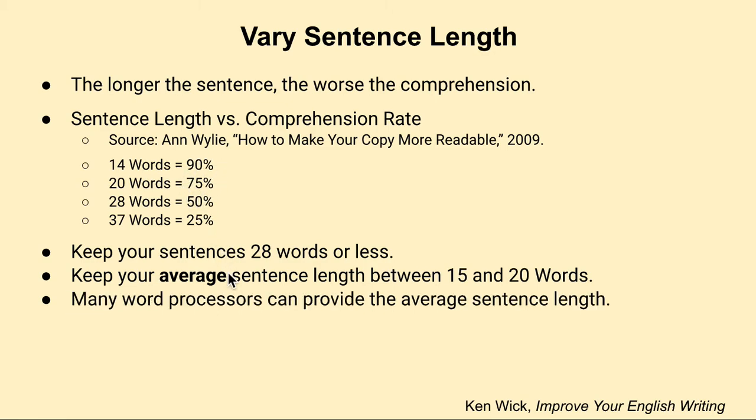The good news is most word processors, and there are even tools on the internet, can provide you the average sentence length. There are some programs that can show you long sentences, short sentences, and the sentence types, but you can work with the average sentence length using most word processors.